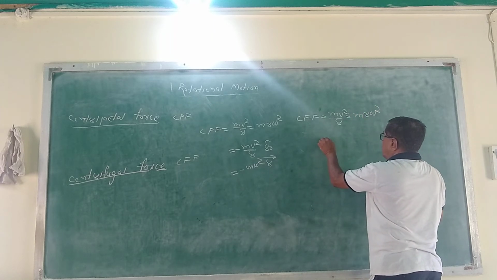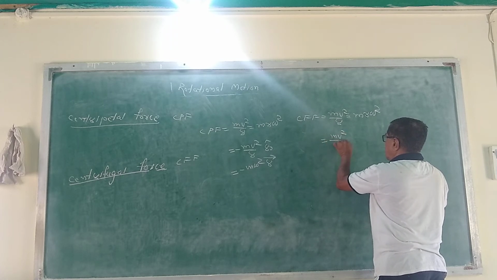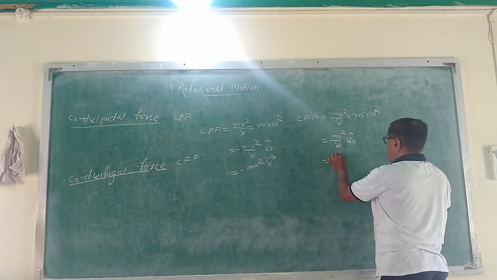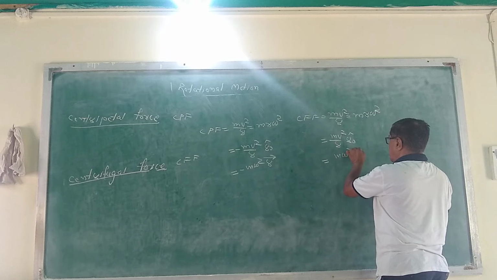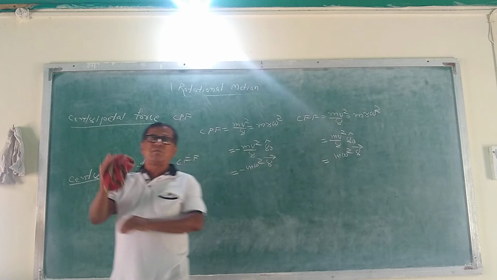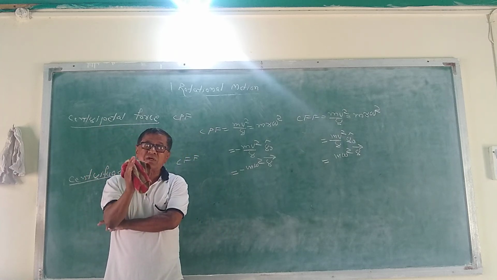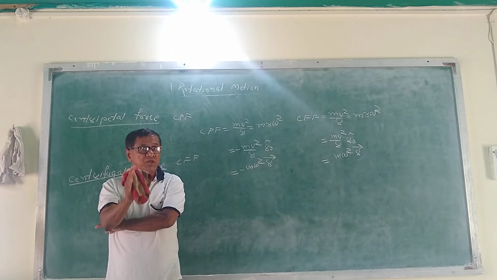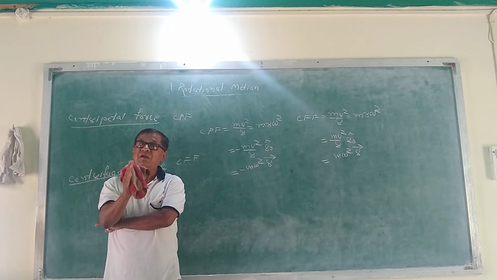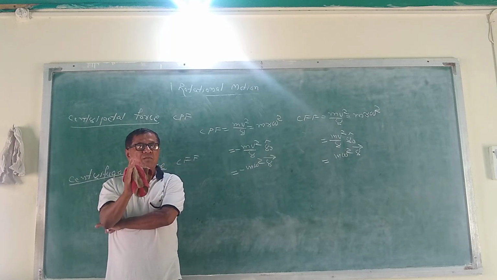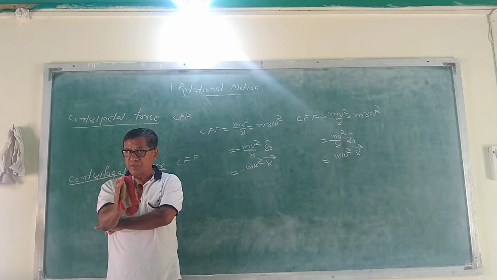In vector form this is written as mv square upon r into r0 bar, or this is equal to m omega square r bar. That is, these two forces are of the same magnitude but opposite directions. The centripetal force is responsible for the circular motion, whereas the centrifugal force balances the body and has the same magnitude as the centripetal force.